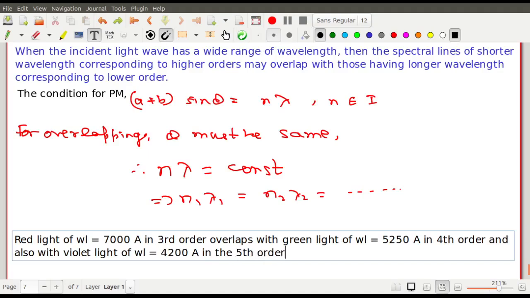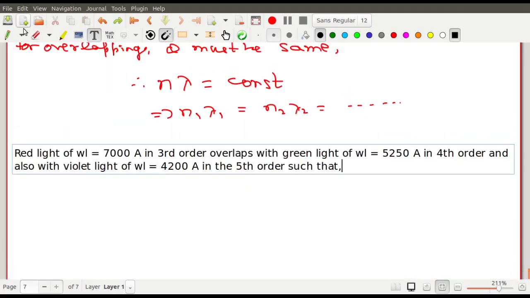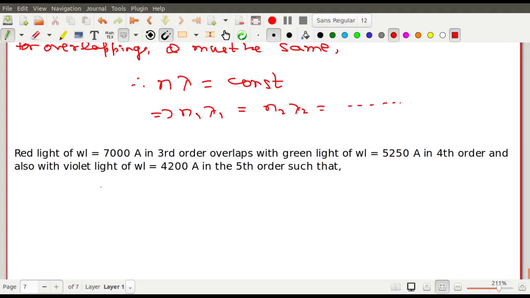And this is the reason that I used to say that the visible spectrum is from 4000 to 7000. 4000 is for the violet and 7000 is for the red. Okay, so they coincide such that their n lambda product is always the same, and n lambda product being the same means sin theta is the same.